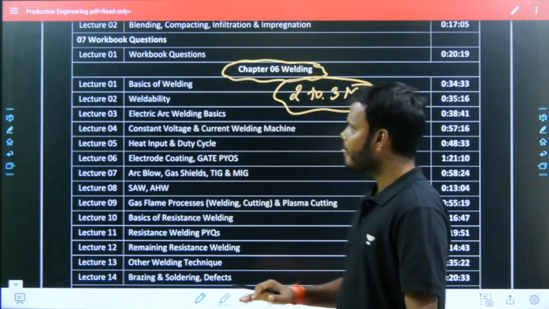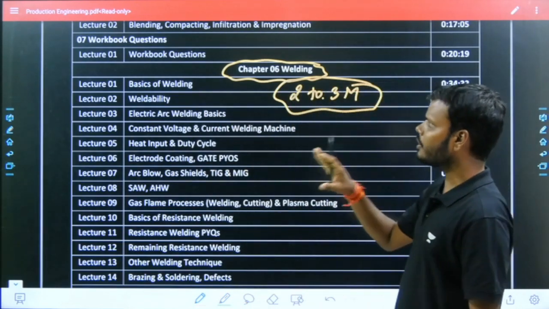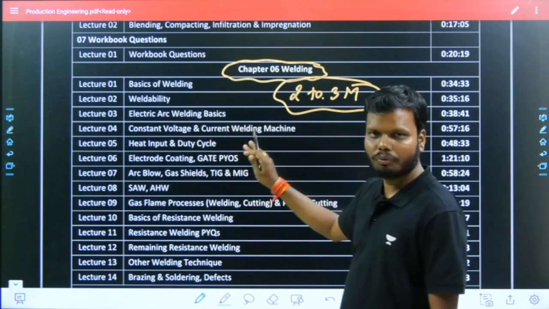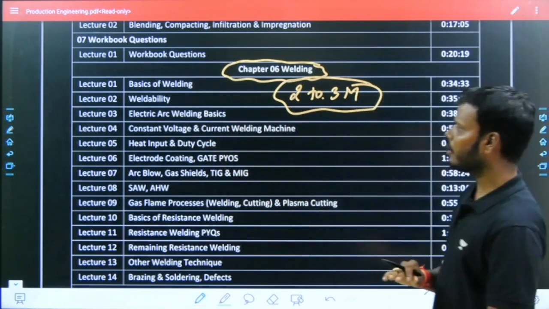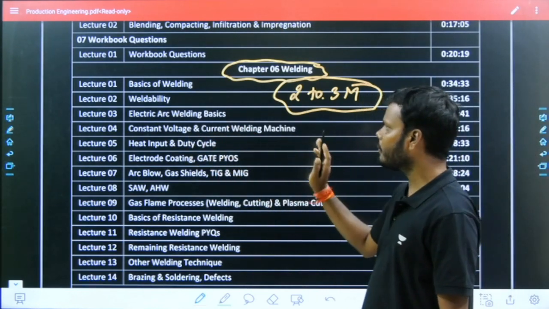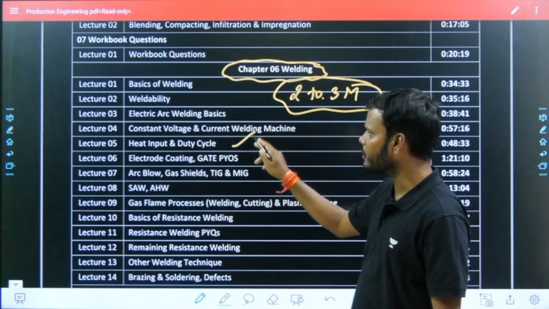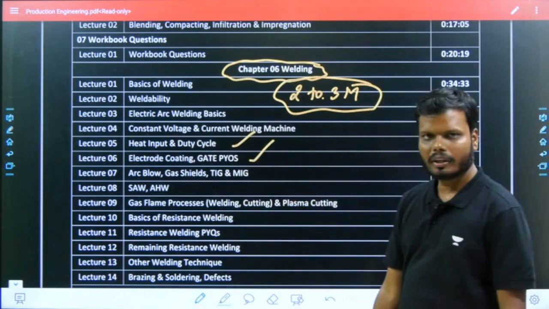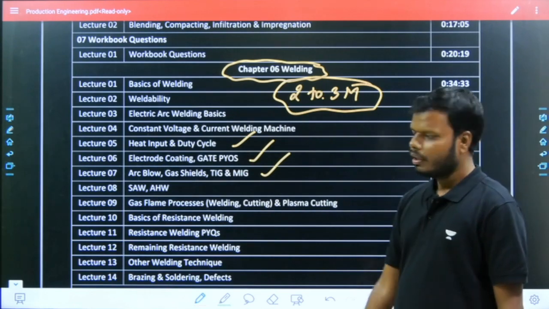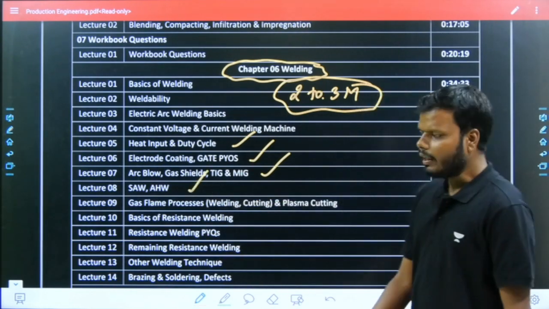Clear that point? Okay. So in welding, first one is basics of welding, variability, electric arc welding, concept of constant voltage and current welding machine, heat input and duty cycle, electrode coating, GATE PYQ, arc blow, gas shielding, TIG, MIG, SAW, and AHW.